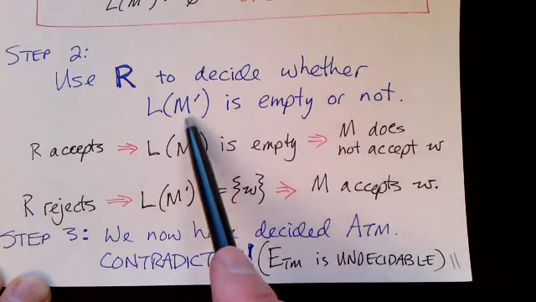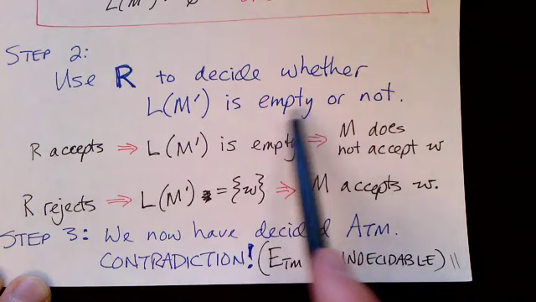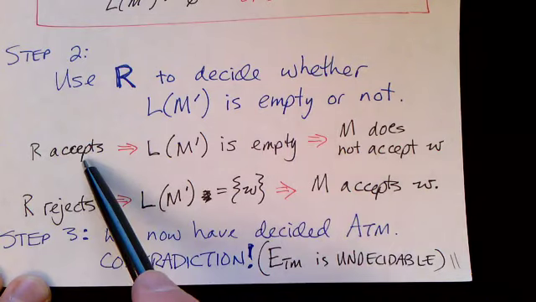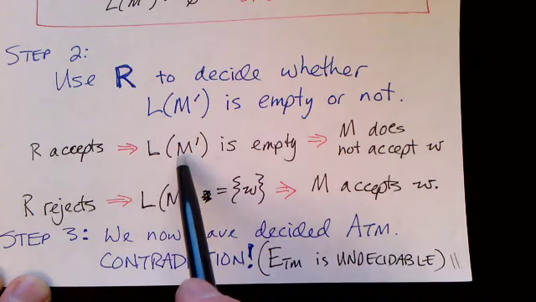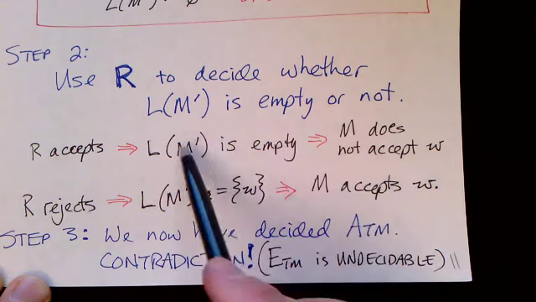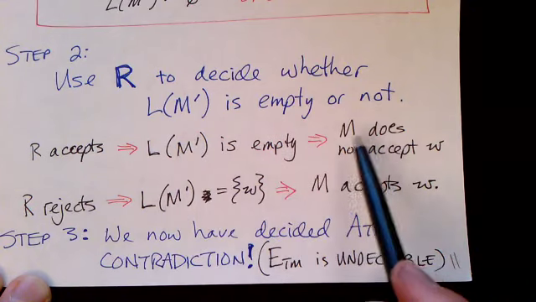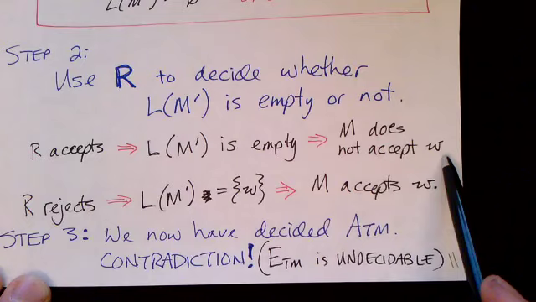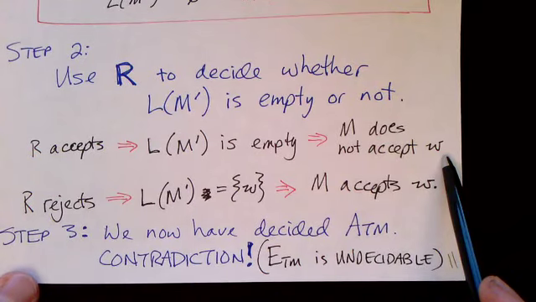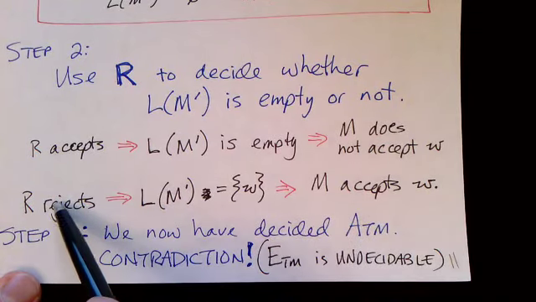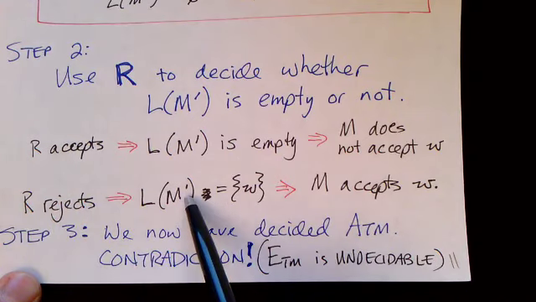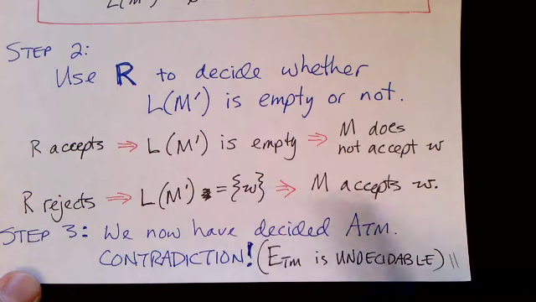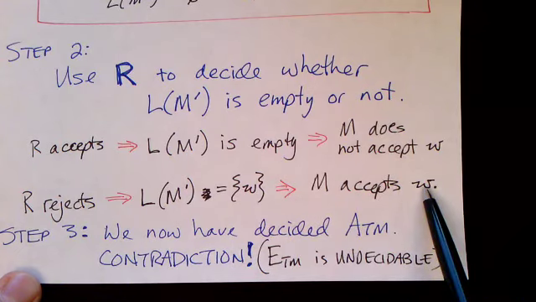Is the language of M prime empty or not? If R accepts, then it means that language is empty. So the language of M prime is empty, meaning, sorry, it means that M prime does not accept anything, which implies that M does not accept W. Okay? So if R rejects, it means that the language of M prime is not empty, and that can only be if M accepts W.